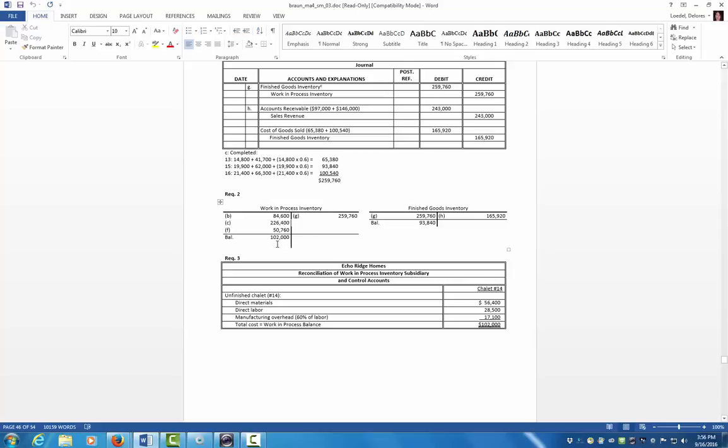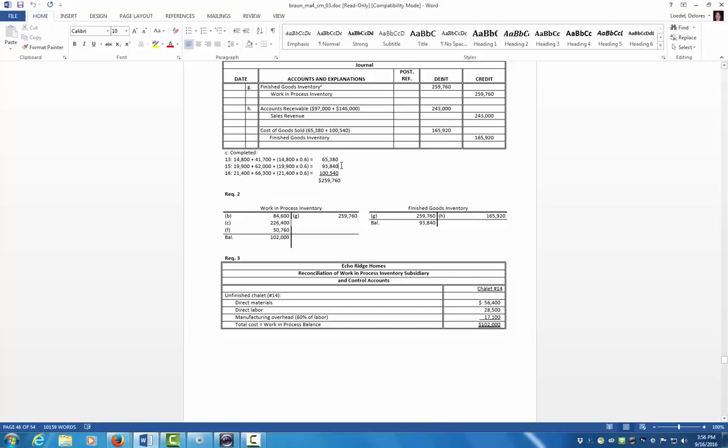Now we can verify these 2 numbers to make sure that those match what they should match. So remember, we put into finished goods inventory 15 and 16, and we sold 13 and 16, so this should be left with number 15, which we are.